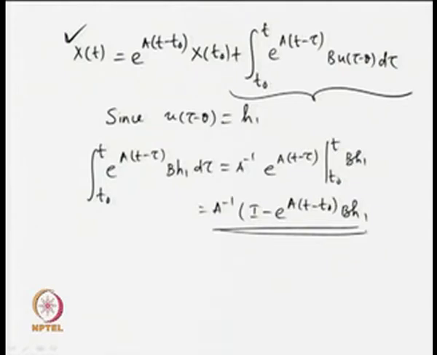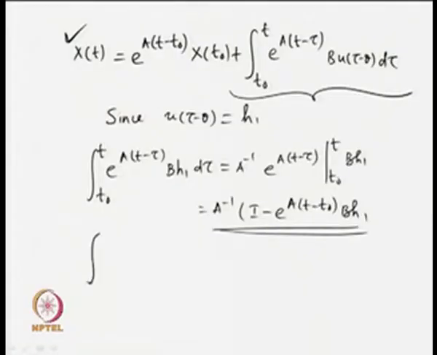Now, the integral can also be obtained using one simpler expression, which can be given in the form of the integral from 0 to t minus t0 of e to the power a s b u(s) d s. So, either one can use the upper one or the bottom one, because the bottom one gives a much simpler expression compared to the earlier one.